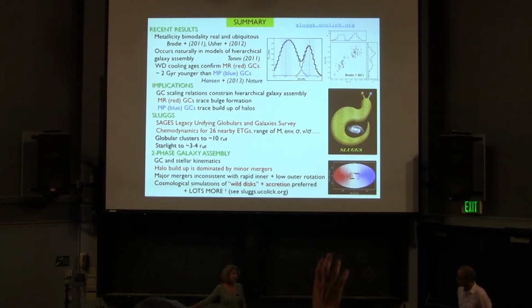And that works with the alpha element to iron ratio as well? Well, we haven't got alpha to iron measurements in most of these observations. That's a bit harder to do because these objects are 50 megaparsecs away, generally speaking. So that's a harder one to do, the alpha.